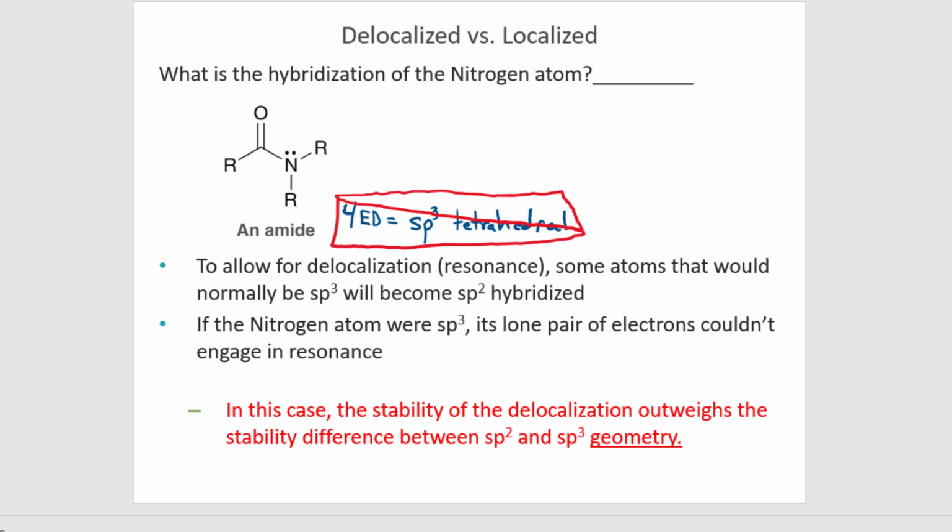What? Why is that the case? Well, we just learned about electrons that look stagnantly there but aren't, because that lone pair is allylic to a pi bond. I know that that lone pair can resonate. If that lone pair can resonate, it can't be in an sp3 orbital.